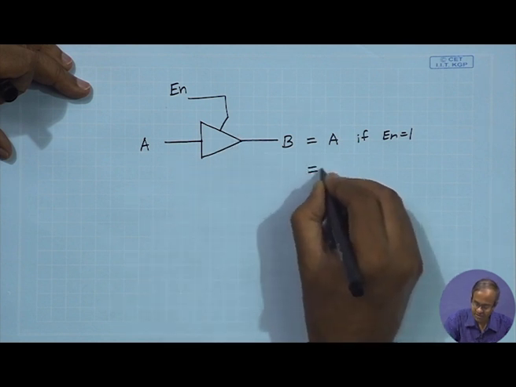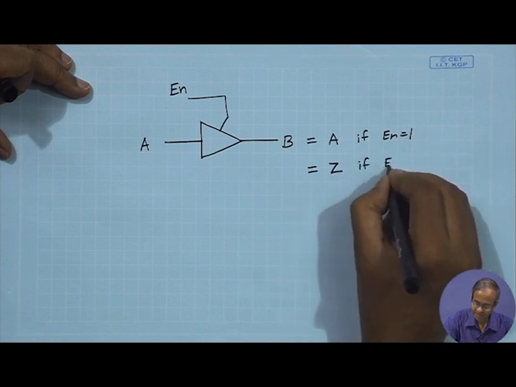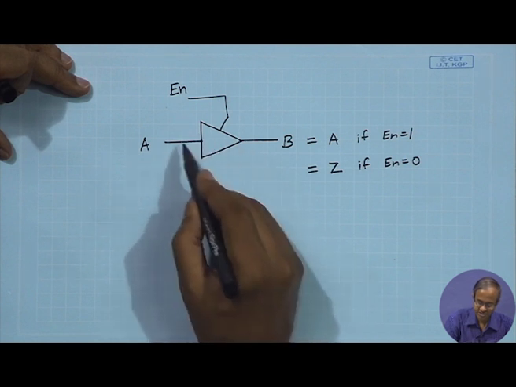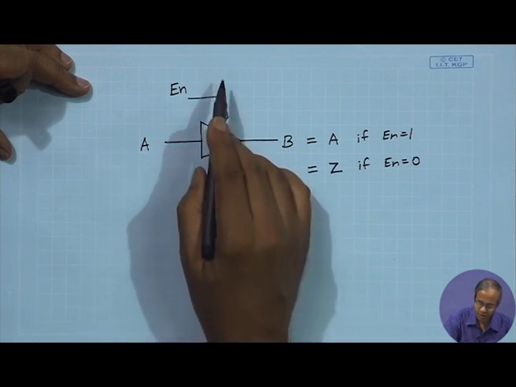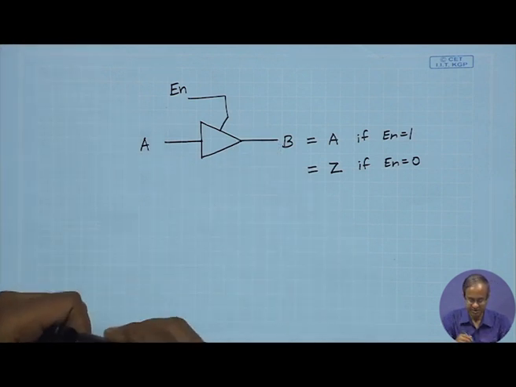We call it the high impedance state, if enable is 0. So, this tri-state buffer can either connect or disconnect a signal from a destination point.